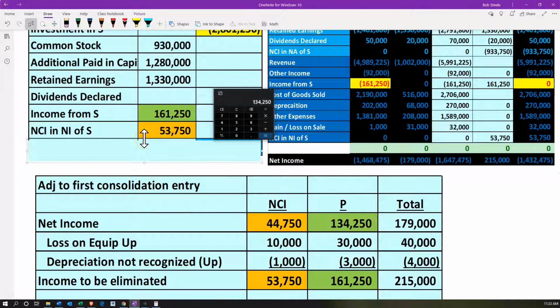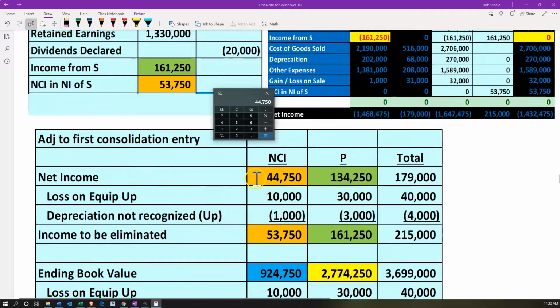And then we're going to go to the second component, which is going to be that we usually do 179,000 times the non-controlling interest, or 0.25, for the 44,750, but we're going to change it due to the table. It was 44,750, but now we're changing it to 53,750, and that's why it's orange. So now it's orange to reflect that.